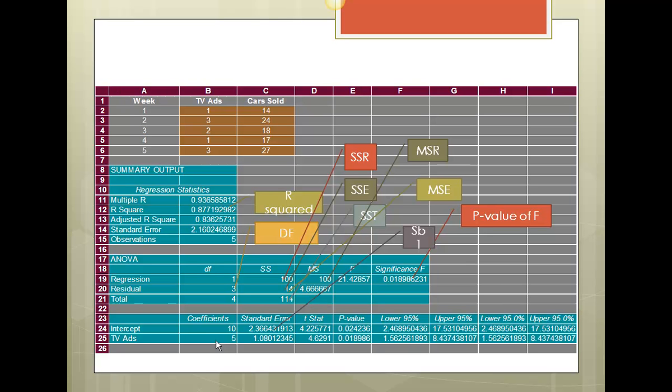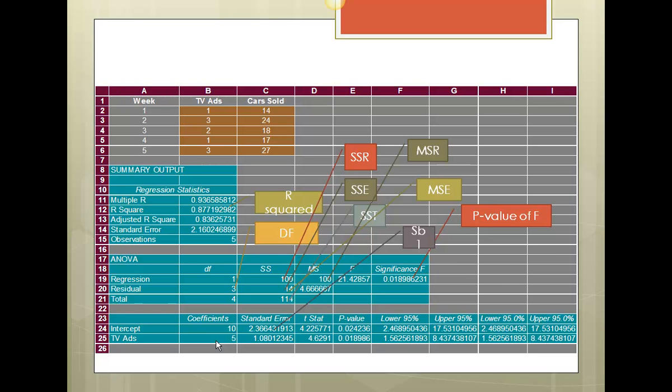Okay, what else is given on there? R squared is going to measure how good our regression is. We'll talk about that on the next slide. Let's start with MSE. MSE is the standard error of the regression. That is equal to SSE divided by n minus 2.